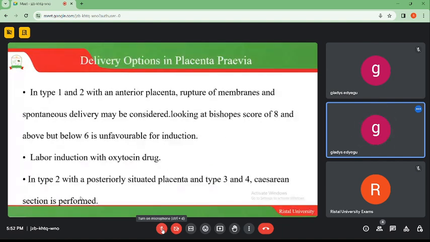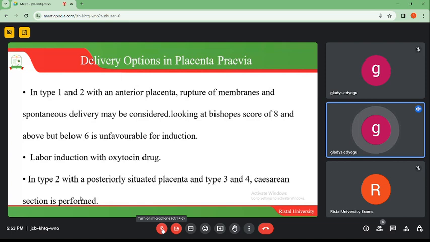Previous slides: in type 1 and 2 with an anterior placenta, rupture of membranes and spontaneous delivery may be considered. So if you have type 1 and type 2, and they have different subtypes, which is anterior and posterior.